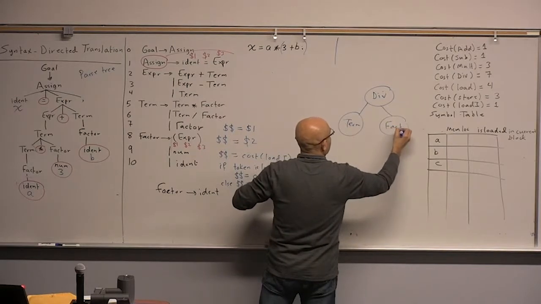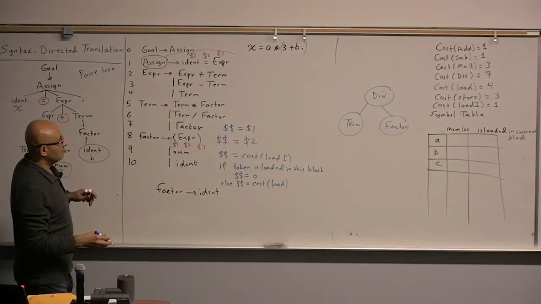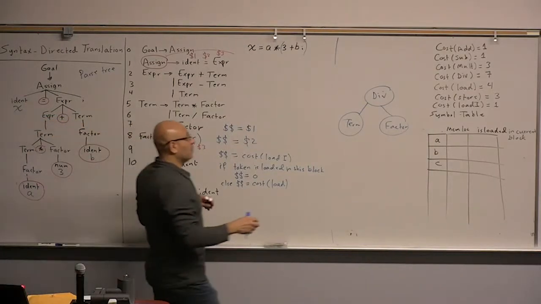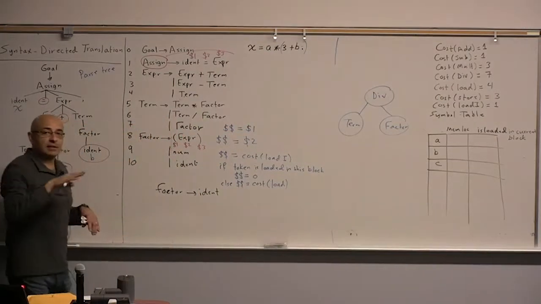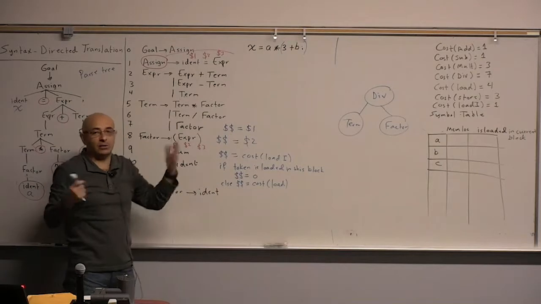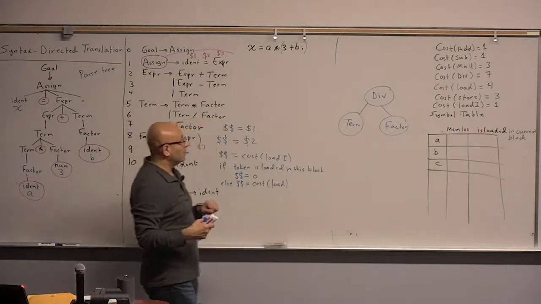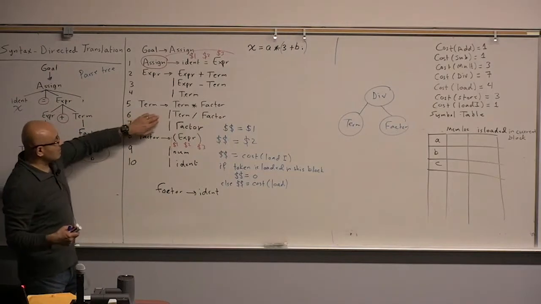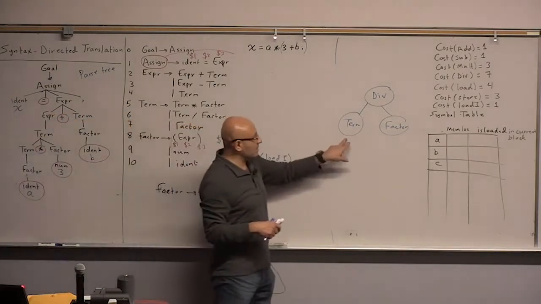You gotta make sure that everything's loaded in the register so you can do the divide. Well, we are dealing with the term and the factor at this level. We are not at that level. This is the leaf level. At the leaf level, we may load or not load. But at this level, we have a term and we have a factor. So what's the cost of the divide in terms of the cost of the term and the cost of the factor?